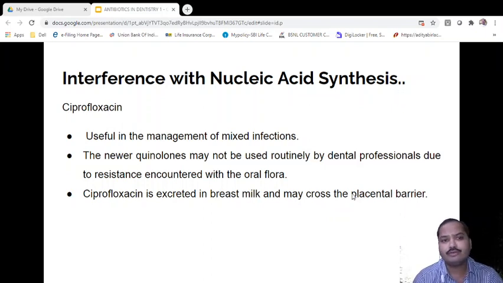The newer quinolones may not be used routinely by dental professionals due to the resistance encountered with the oral flora. Ciprofloxacin is excreted in breast milk and may cross the placental barrier, so it should not be given to pregnant women or nursing mothers except in cases of severe infection. They are also not recommended for prepubertal children.